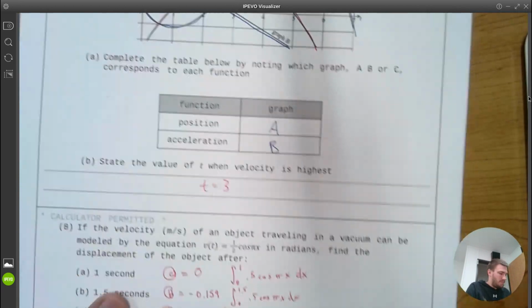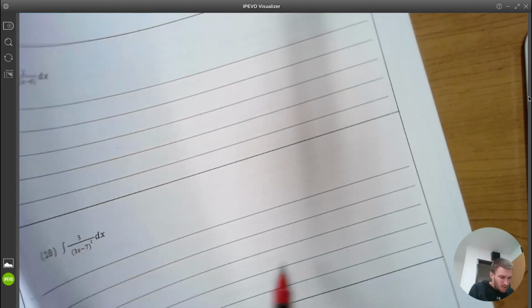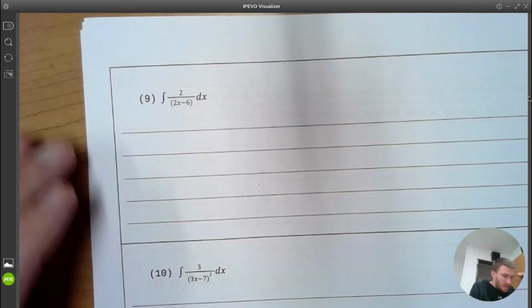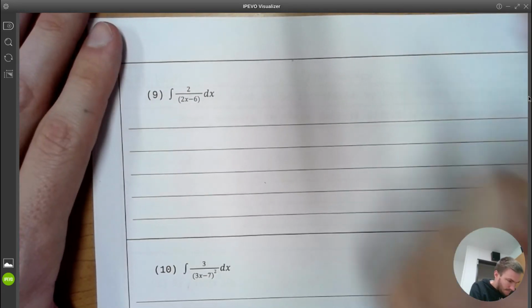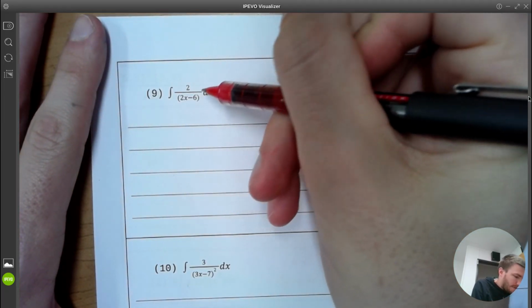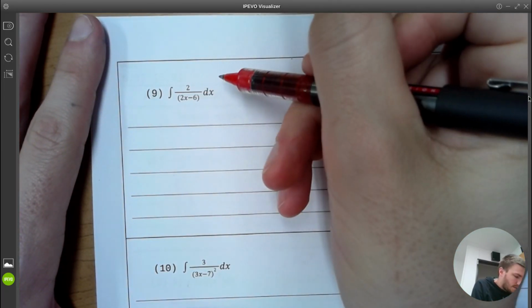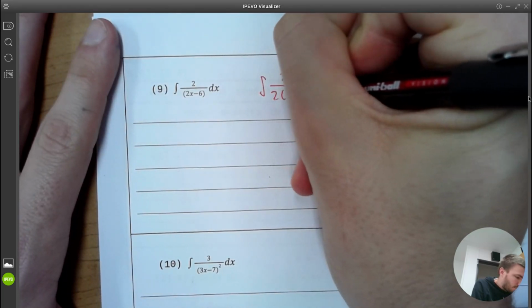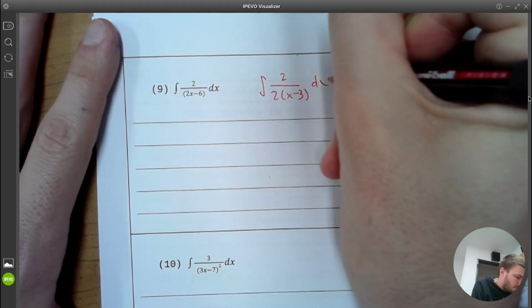Okay. Weird question. We got one page left. A couple of these intervals, and then we'll be done. I could maybe factor the bottom there. Would that be worth it? Oh yeah, that's nice.